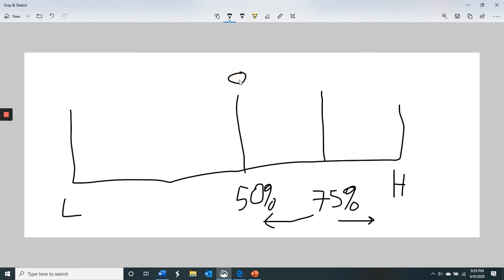So this is actually called Q2, quartile 2. This is called Q3. This is Q4. So again, we're just dividing the scores into quarters. This, by the way, is Q0. The lowest score is Q0.